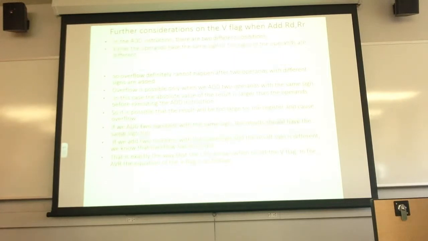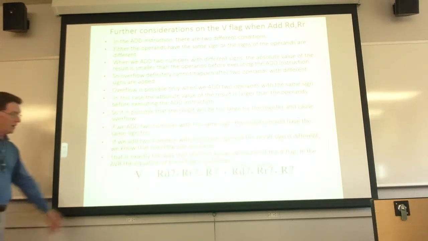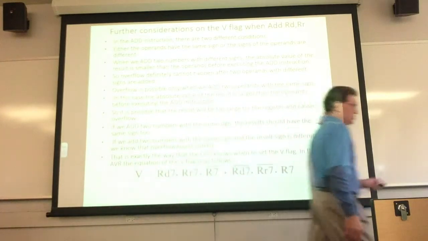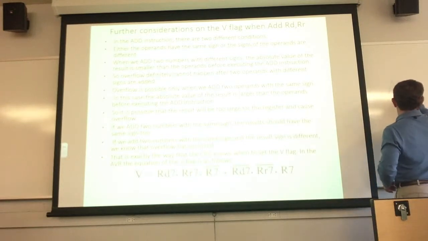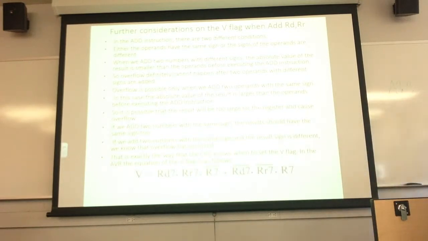There's a way we can set this up, and basically it's this. If I'm doing the following add instruction, you're only going to be worried about bit number 7. So we're doing an add Rd, Rr.